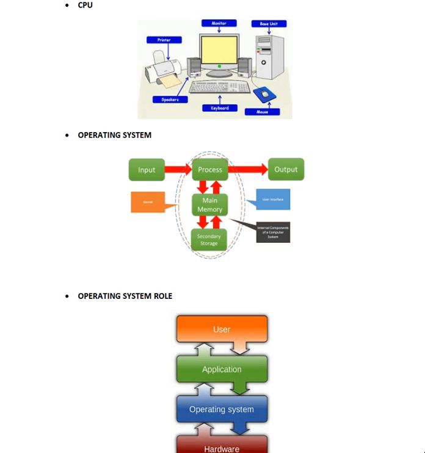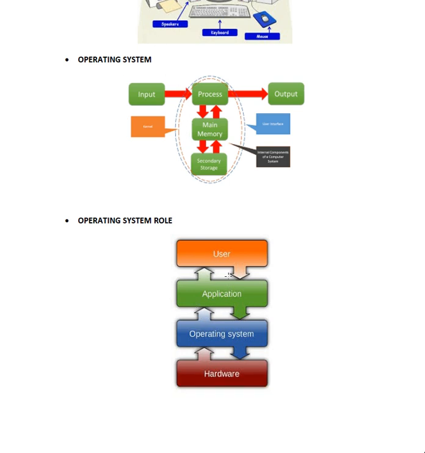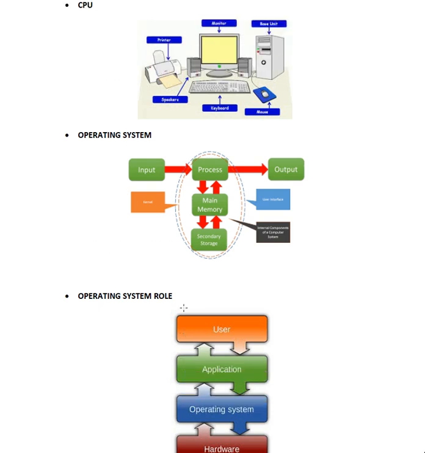The other function of the operating system is that it provides the user interface between the user and the hardware. That user interface is another area of the operating system. And the next is that it will try to provide several services.